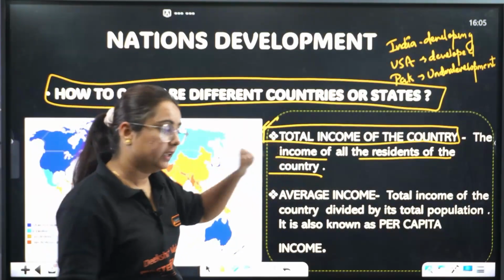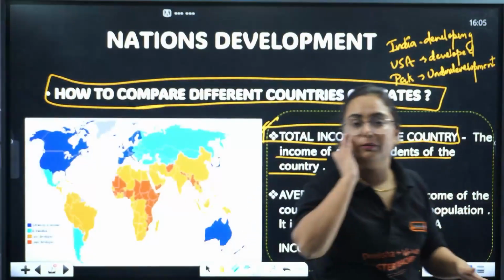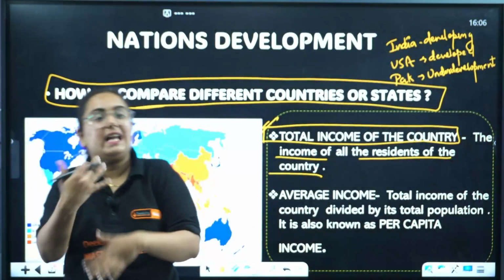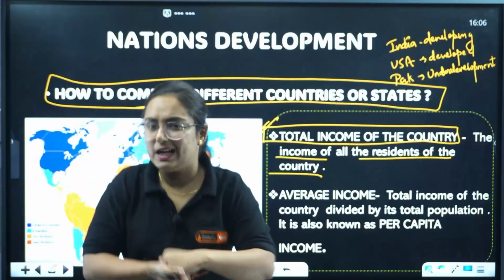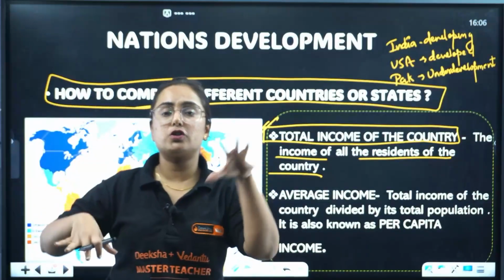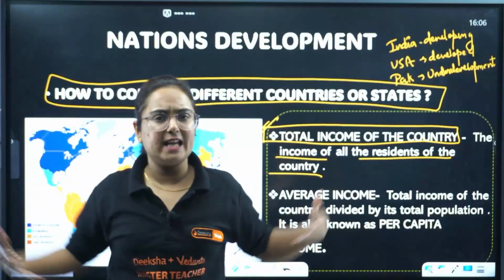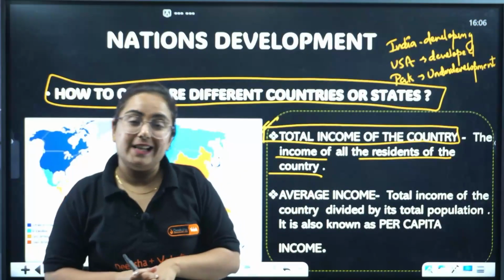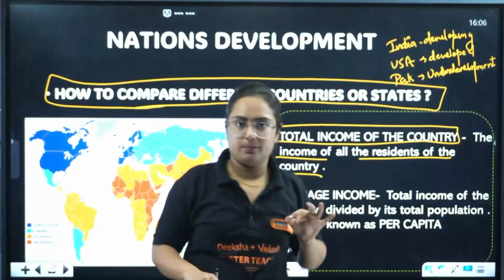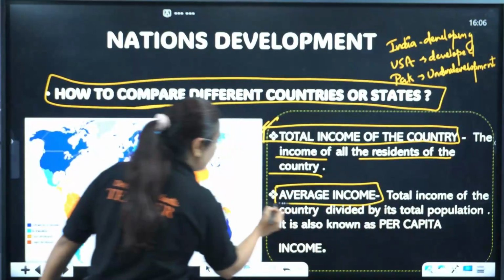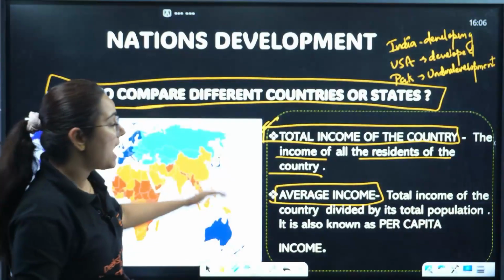In maths also, when we need to compare big data, what we usually do is find the average. We know that the population is not the same in India and Japan, and likewise in other countries too. So let's find the average. That is known as average income.